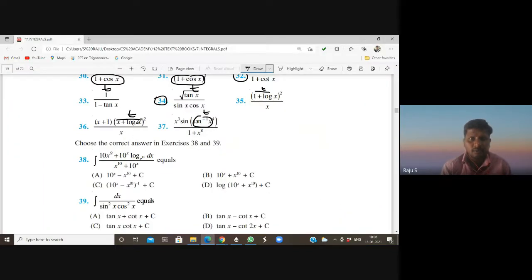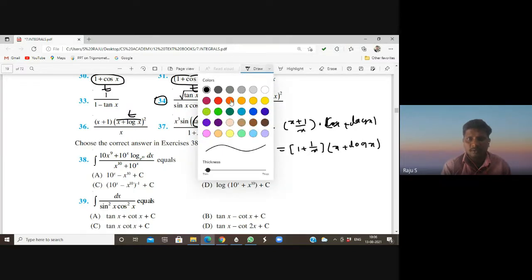This x plus log x you can take as t. You'll get the answer. Before that, you can do one step like this. We write 1 plus 1 by x, divided by x plus log x. Now this x plus log x you can take as t.